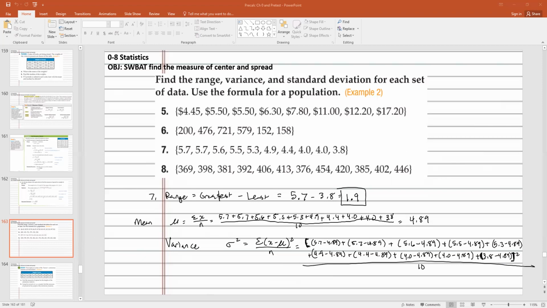That's a lot. Okay, so parentheses, parentheses. So we're going to have two parentheses. And get ready, 5.7 minus 4.89, close parentheses, plus parentheses, 5.7 minus 4.89, close parentheses, plus 5.6 minus 4.89, close parentheses. Oh, I forgot to close the parentheses. All right.